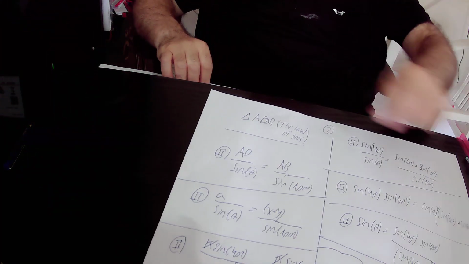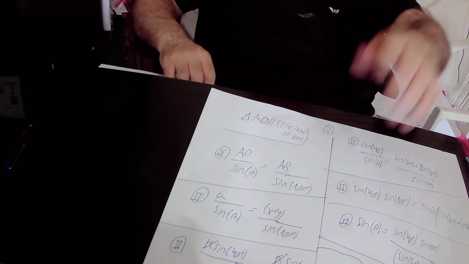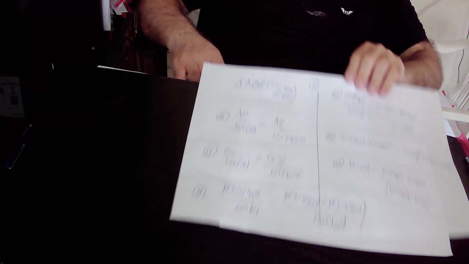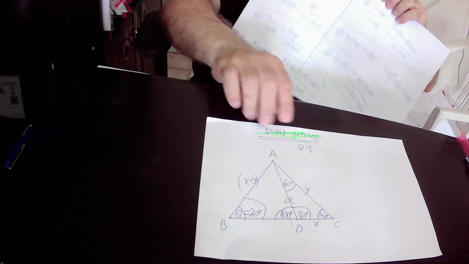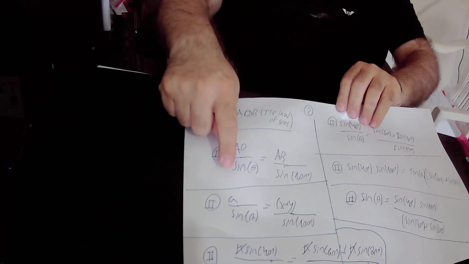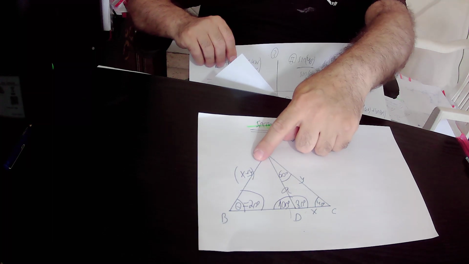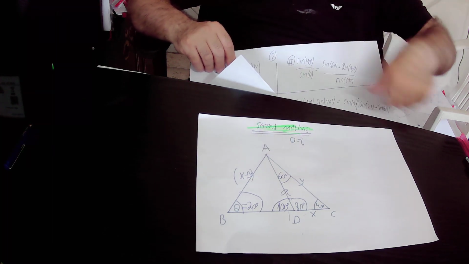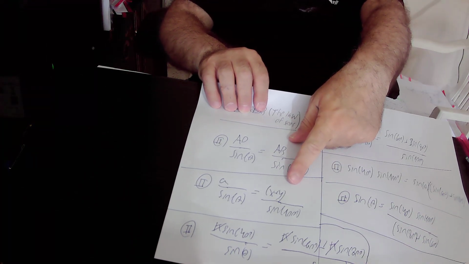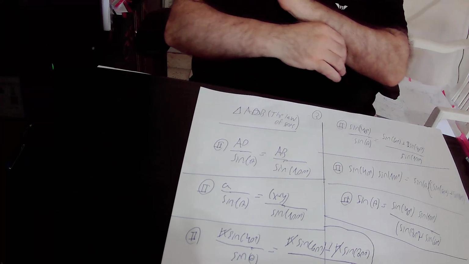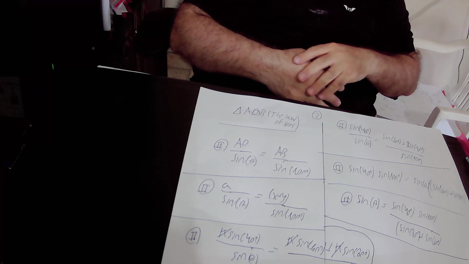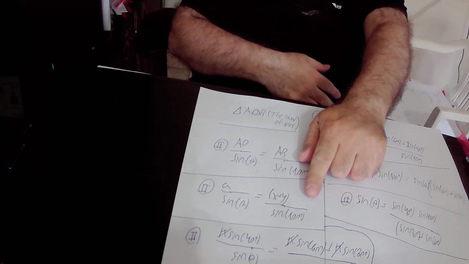In triangle ADB, AD over sine theta equals AB over sine 100 degrees. Here AD equals A, therefore I substituted AD by A, and AB equals X plus Y. So we substituted AB by X plus Y. So in conclusion, according to equation number 2, we find that A over sine theta equals X plus Y over sine 100 degrees.